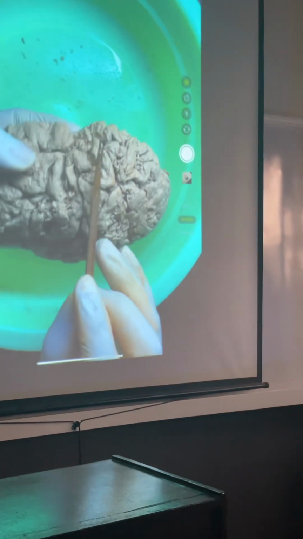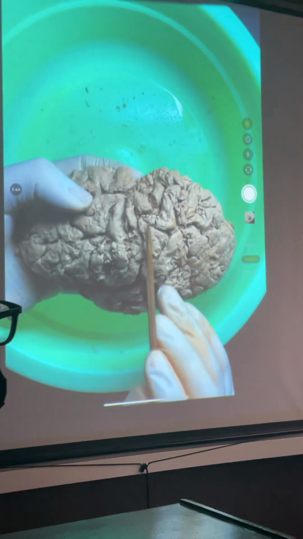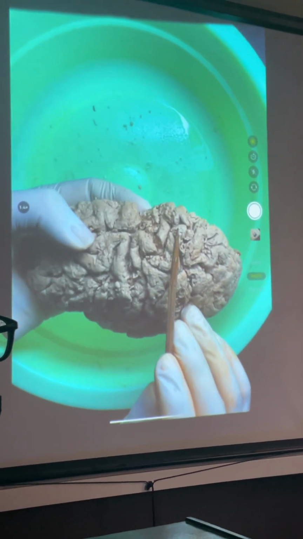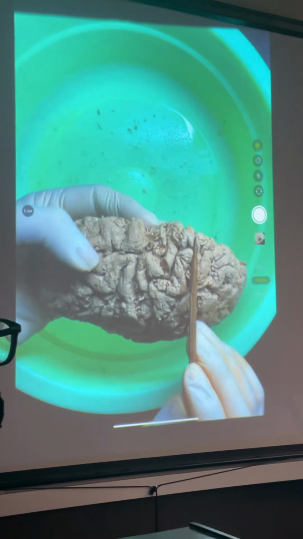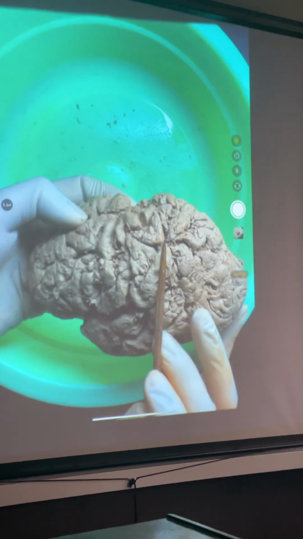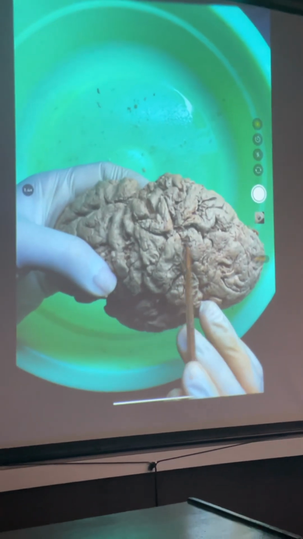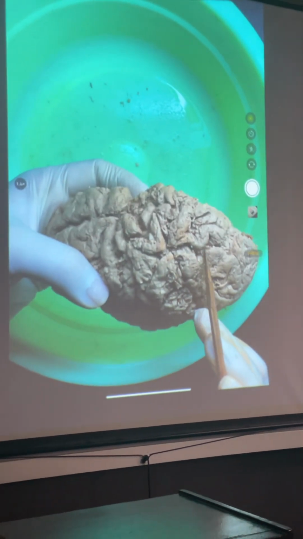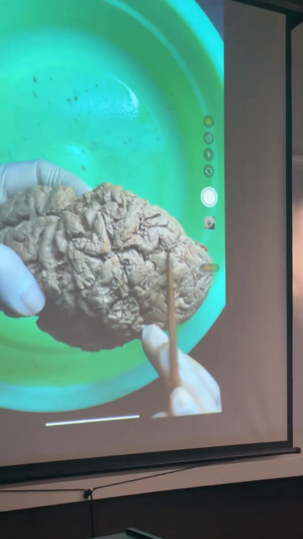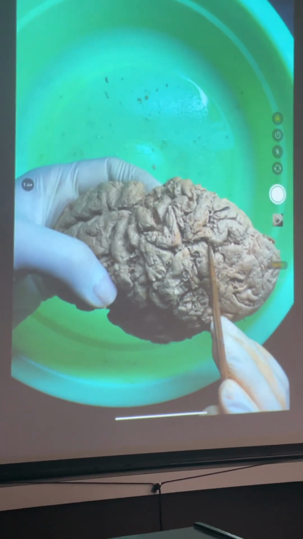So the parietal lobe, once again, this is the central sulcus of Rolando. So this is the post-central gyrus and the post-central sulcus. Now I told you that there should be only one sulcus. So this is that sulcus, and this is known as the intraparietal sulcus.